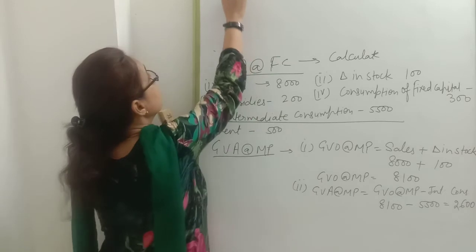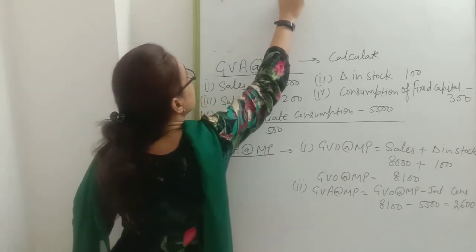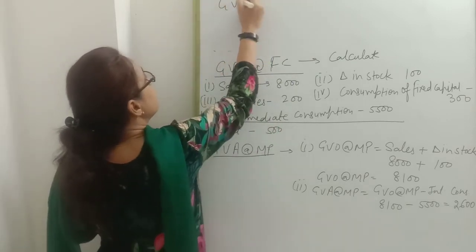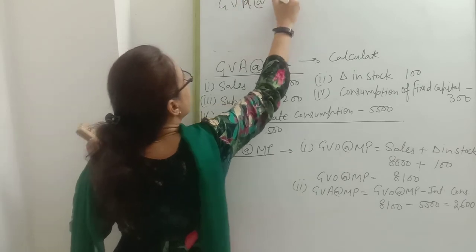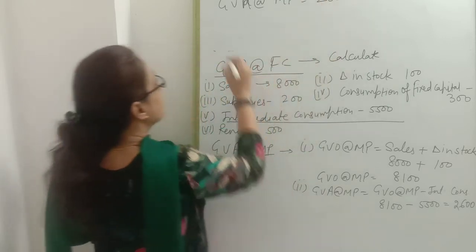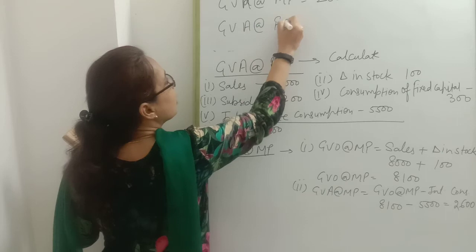Look at this. From this question, we have calculated GVA at the rate of MP, that is 2,600, but according to the question, what we have to calculate is GVA at the rate of FC.